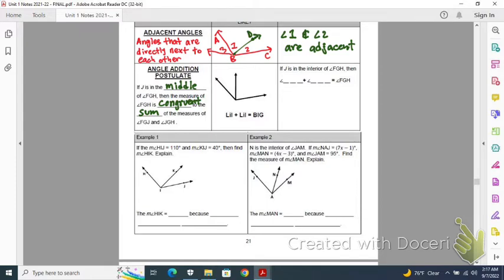They say FGH is a big angle right here, and it's divided by a ray that we're going to call GJ.